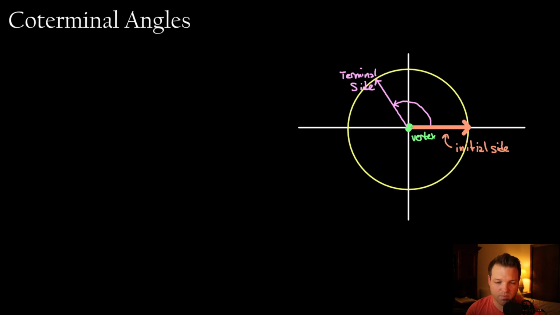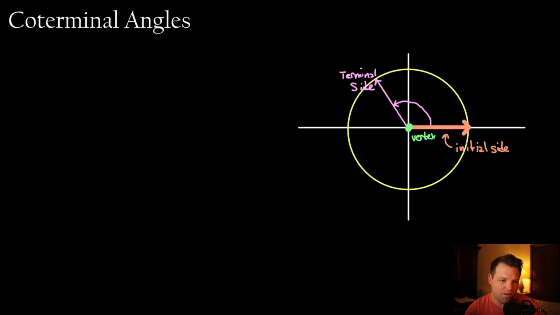We're going to rotate around the vertex, and we're going to end up at our terminal side. These are some of our vocab words, and we're going to do this in both degrees and radians as well. So I'm going to show you examples of this.